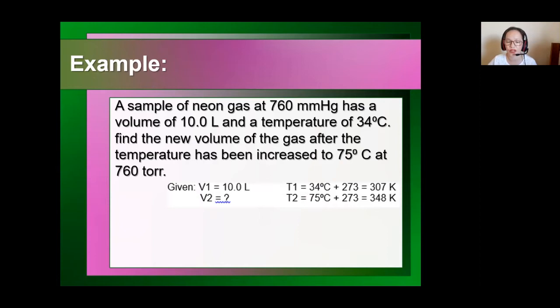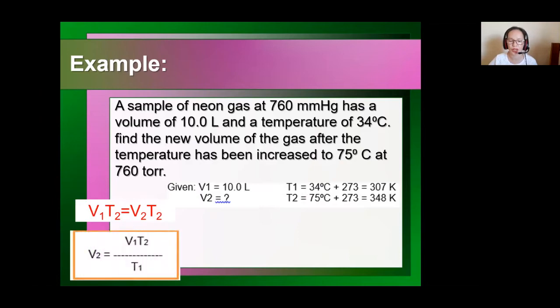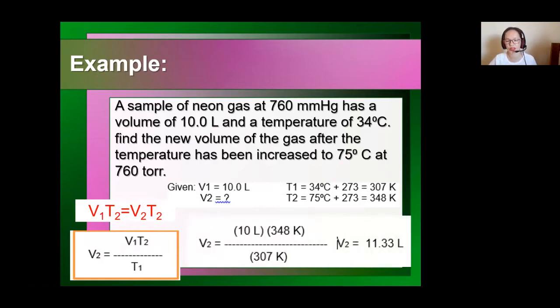We're asked to find the final volume. Given the relationship, we can solve for the unknown by applying the formula: initial volume times final temperature over the initial temperature. Substitute, and let's see what happened.